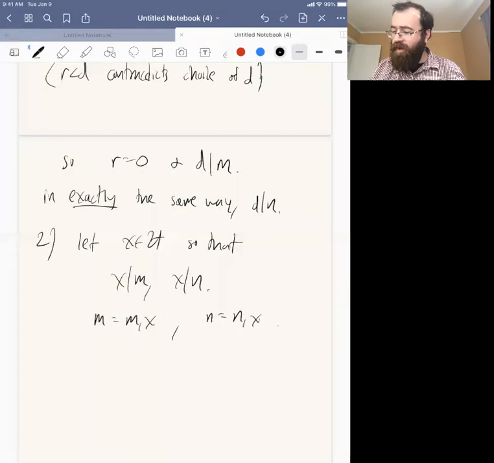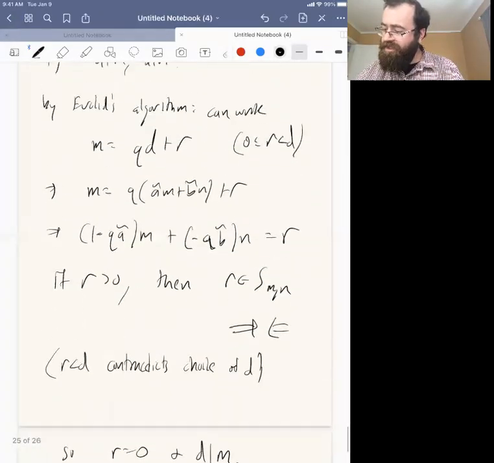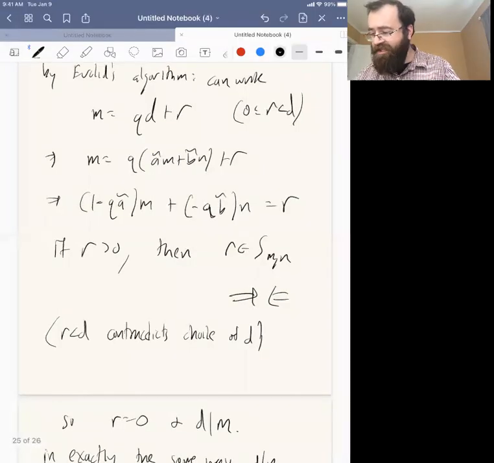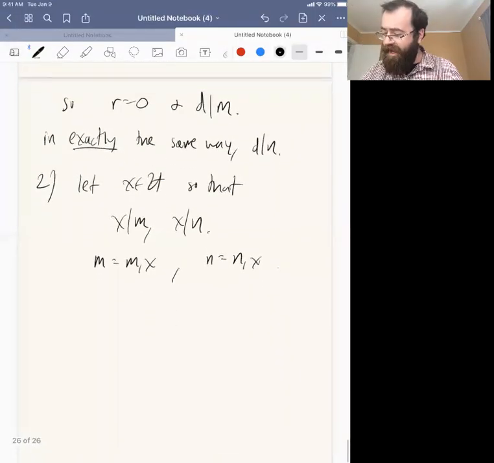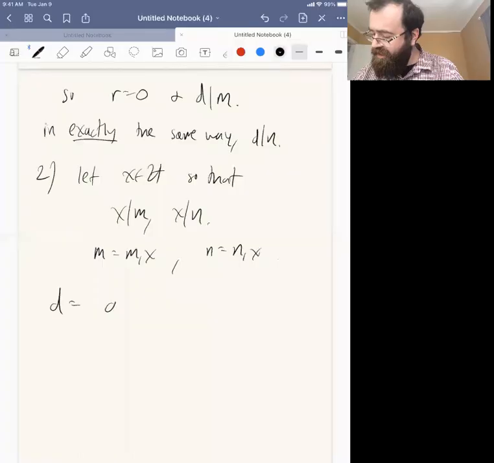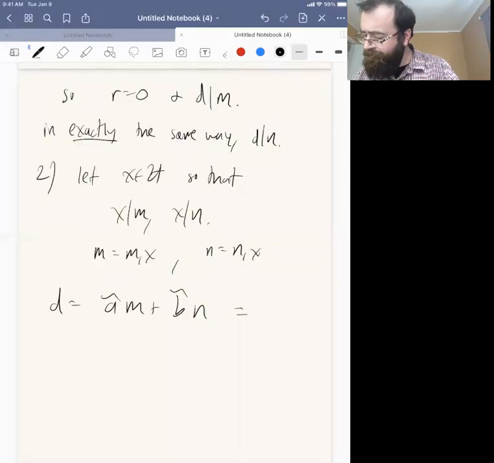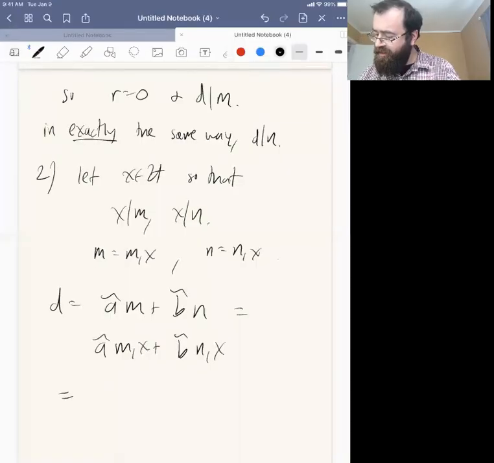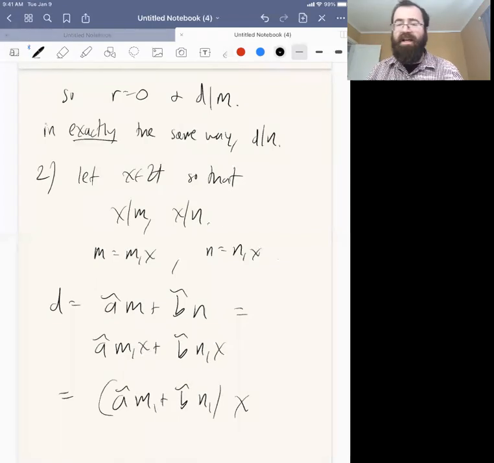Okay. Now, what is D? Well, remember that D is the minimum of this integral linear combination thing. It's A tilde M plus B tilde N. So D is A tilde M plus B tilde N, which equals A tilde M1X plus B tilde N1X, which is A tilde M1 plus B tilde N1 times X, right?